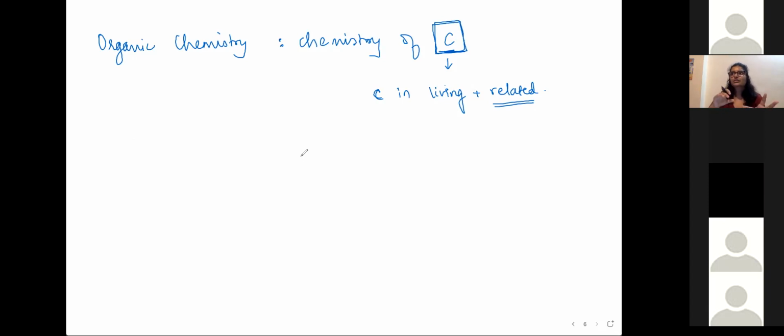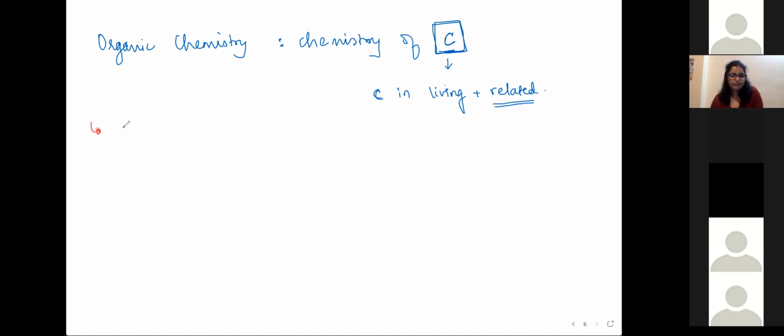What if it is attached to oxygen? What if it is attached to both oxygen and nitrogen in different situations? Okay. And why is carbon so versatile? Why does carbon find itself in so many different types of compounds, so many different types of situations? What makes it so special?